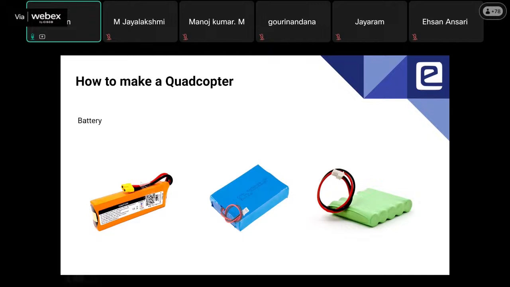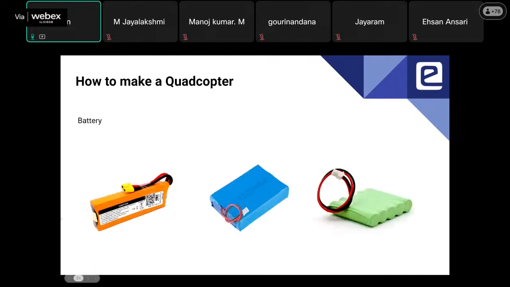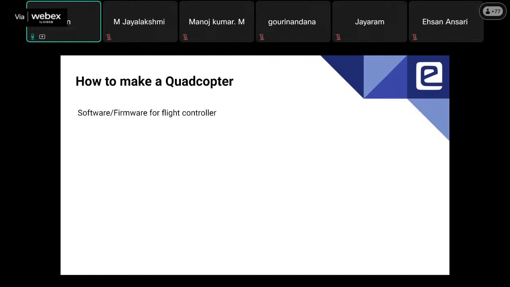So the most commonly used battery will be the LiPo battery, lithium polymer. And if you are choosing a battery, or choosing what the capacity of that battery should be, it all depends on your use case and what kind of drone you're flying.